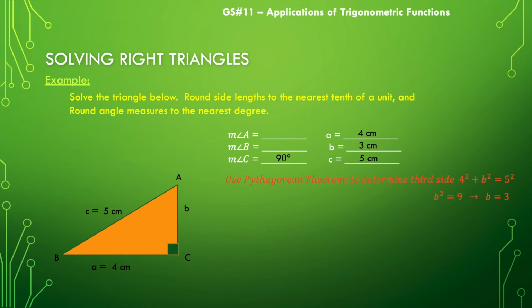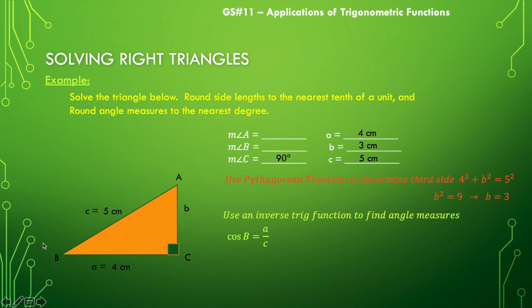Now I've got all three sides, and I'm interested in an angle measure. So let's think about how I could relate the two sides that I'm given to either angle B or angle A. Well, we're going to have to use an inverse trig function for sure. Let's focus on angle B first.